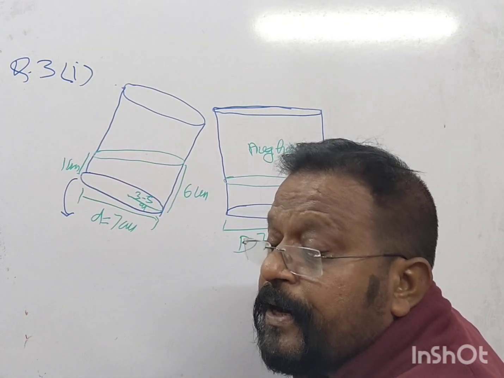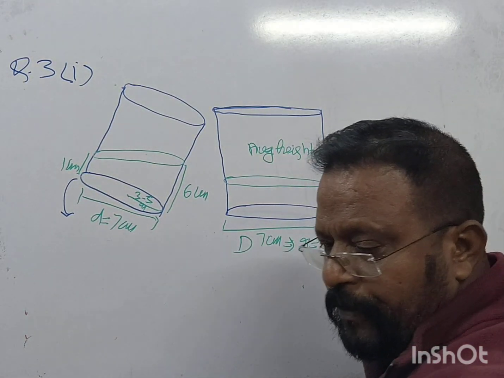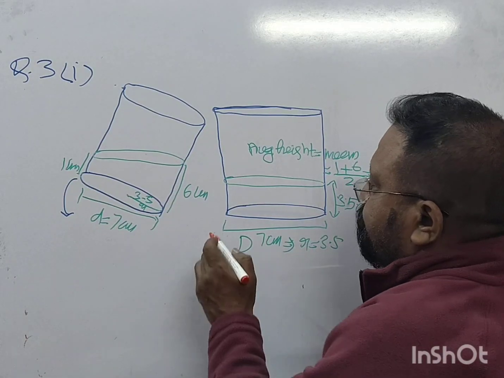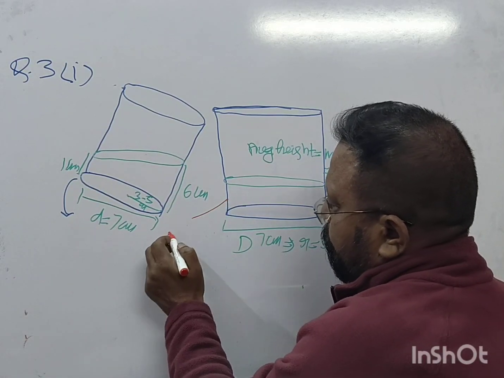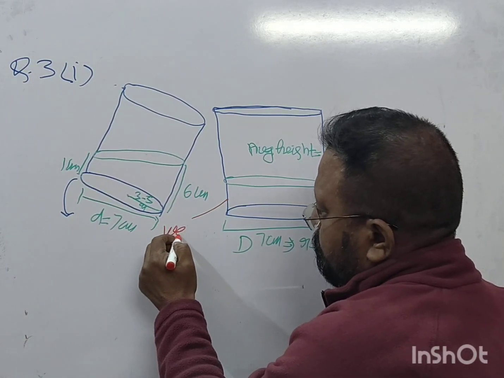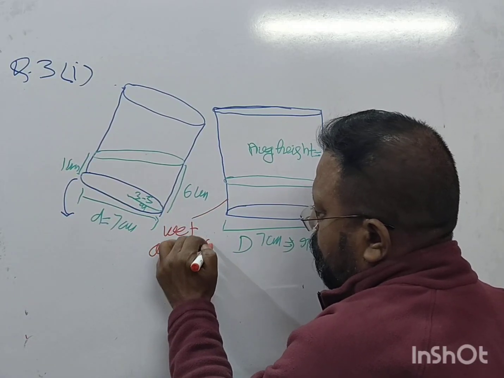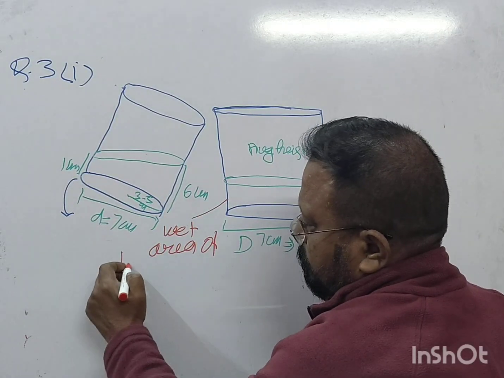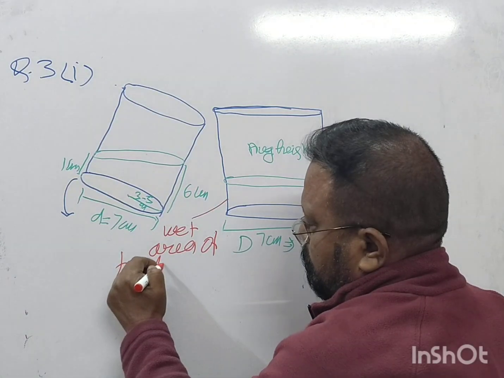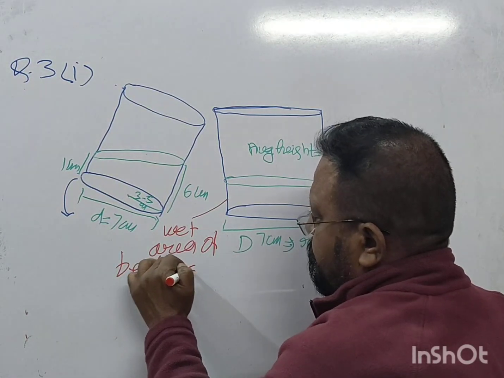It is asking the wet area. So we have to find the wet area of the beaker. It is equal to how much?